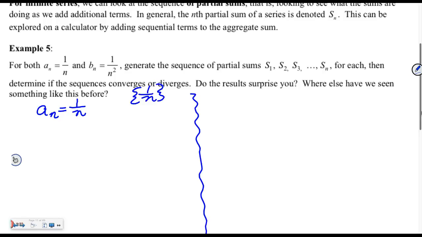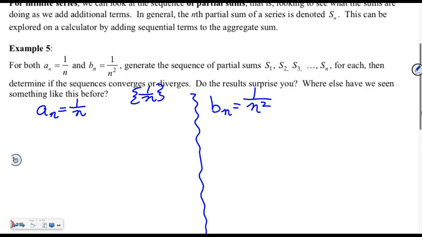I'd take the limit as n approaches infinity, it goes to 0, and I'd say that the sequence converges to 0. Agreed? Same over here for my b sub n. If it were a sequence and I were just writing out a list, I would say that the limit as n approaches infinity is 0, so the sequence converges to 0.